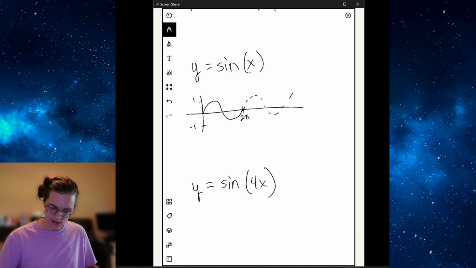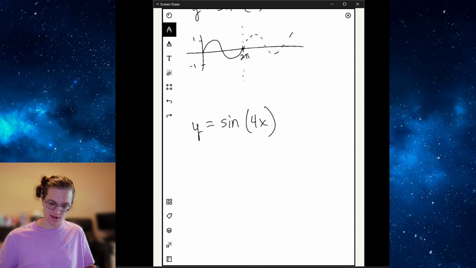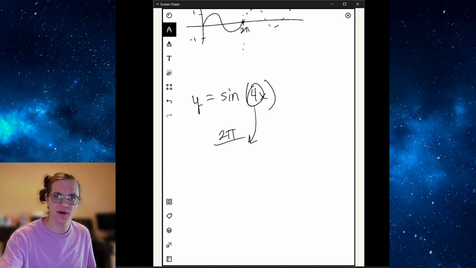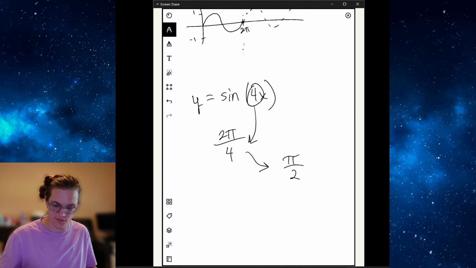You're dividing the period of the standard basic sine function by this number being multiplied by your x value. It's saying take this 4 right here, divide the period of the basic sine by that, and now you're going to have the period of the function you're looking at.